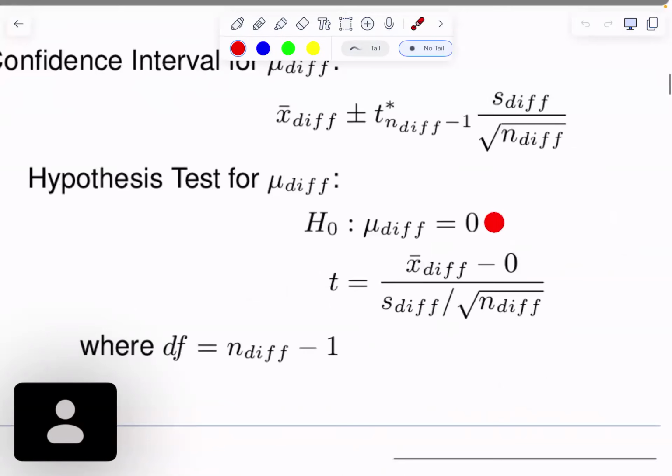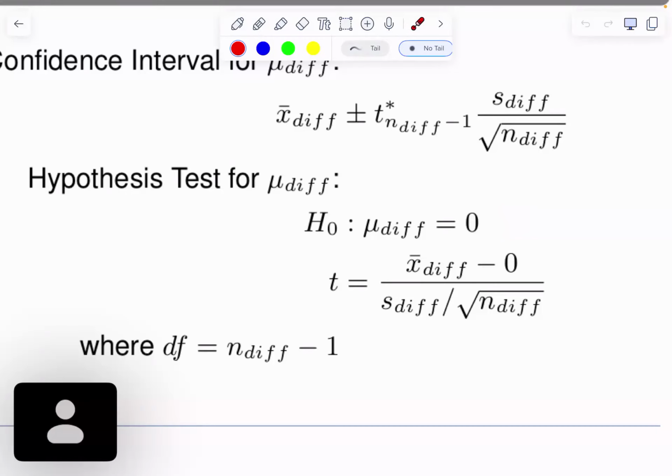What's nice about if you have paired data, then the null hypothesis will always be that mu diff is equal to 0, right? Because if you want to compare two groups, right, before and after scores from a test, for example, right, then if they're the same, then the difference would be 0.